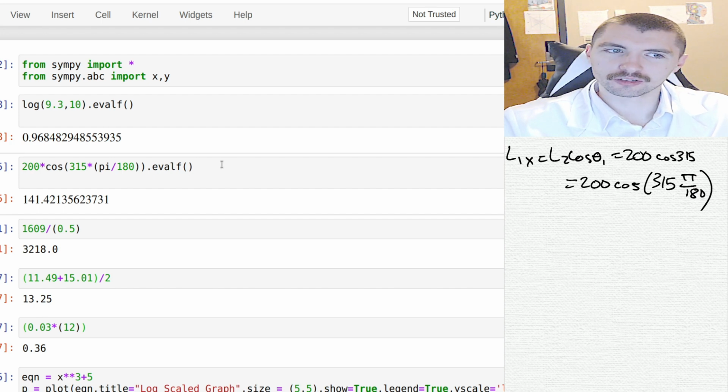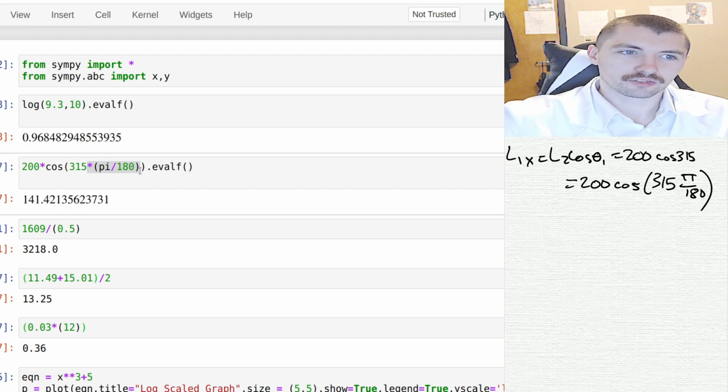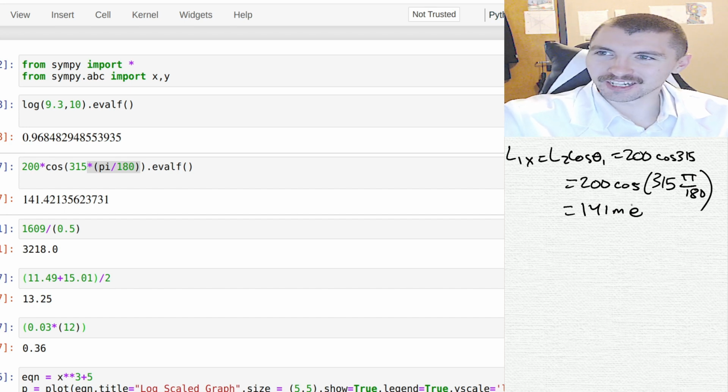So yeah, the calculator was already reading this as radians. That's an important thing you might have missed if you were using SymPy and didn't know this, because you would have gotten the wrong answer. So yes, 141 meters in the east direction. So what am I going to say?